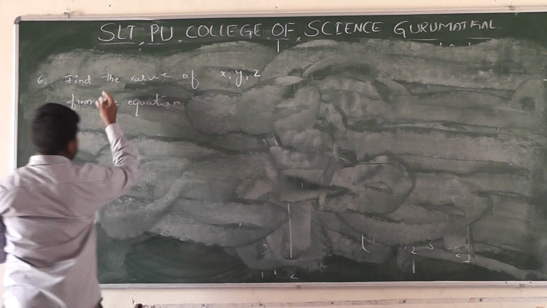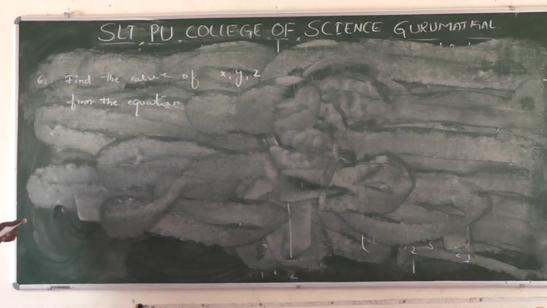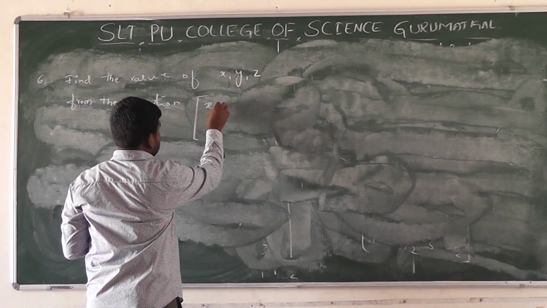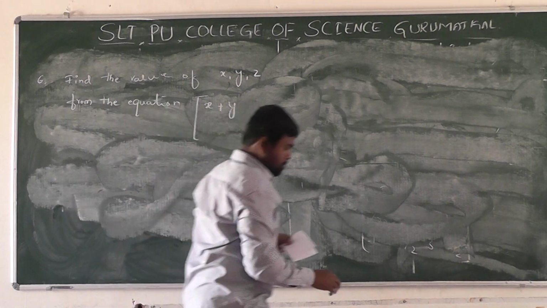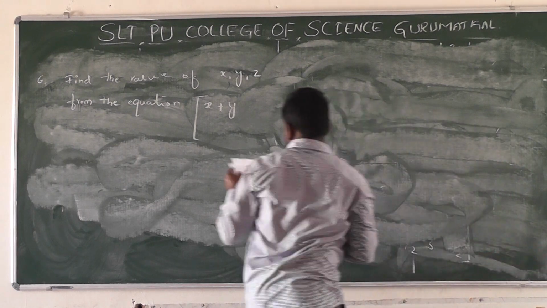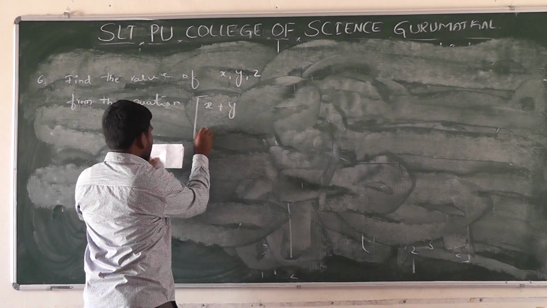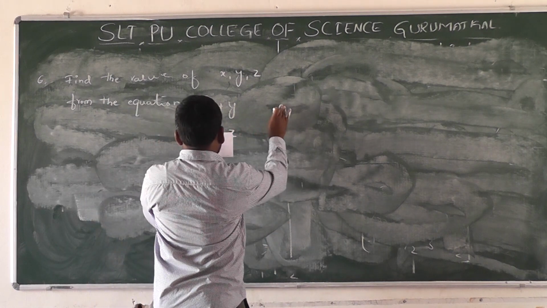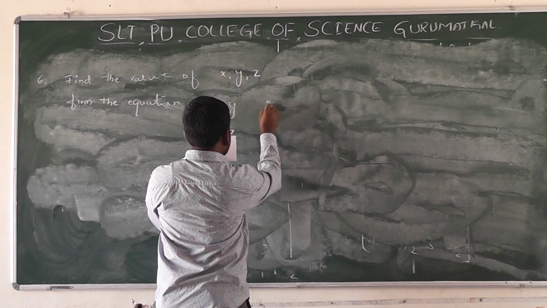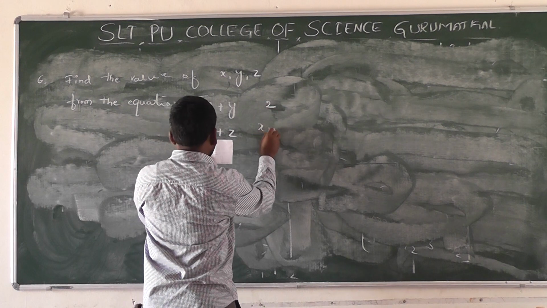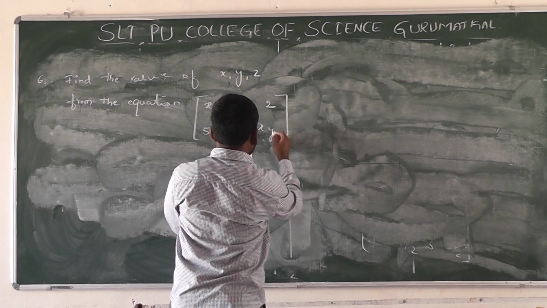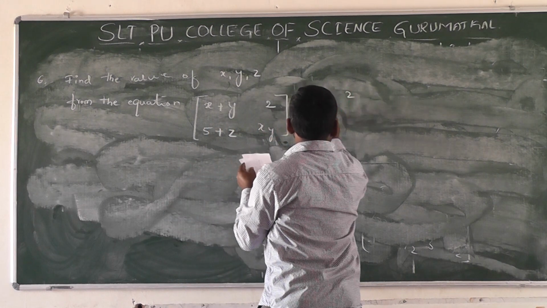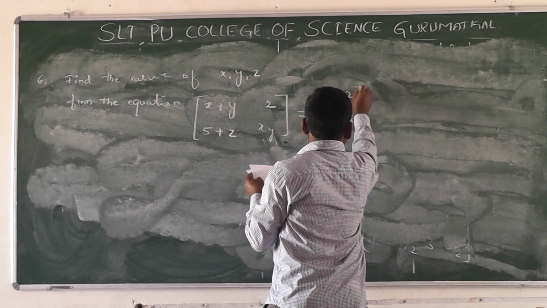Next, same question. Find the values of x, y, z from the equation: the matrix with entries x plus y, 5 plus z, and xy is equal to the matrix 6, 2, 5, 8.